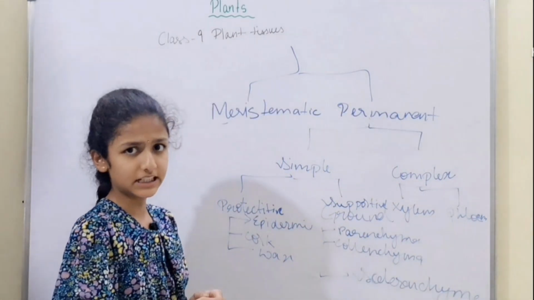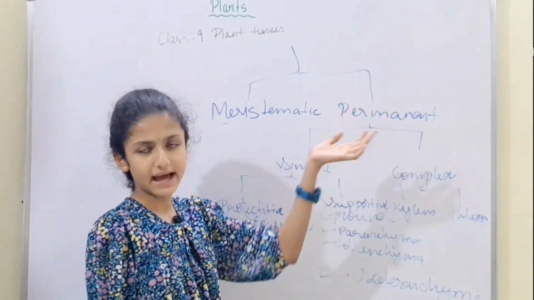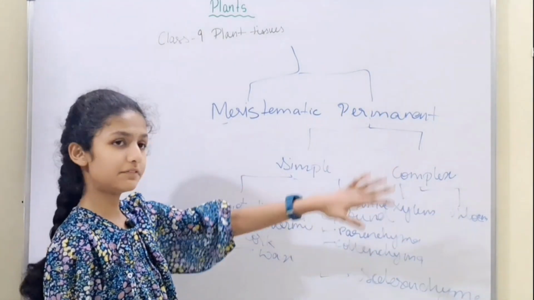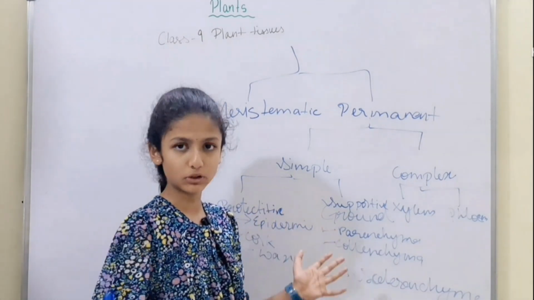First let us know the features of permanent tissue. They have intercellular spaces. They are differentiated on the basis of their composition.